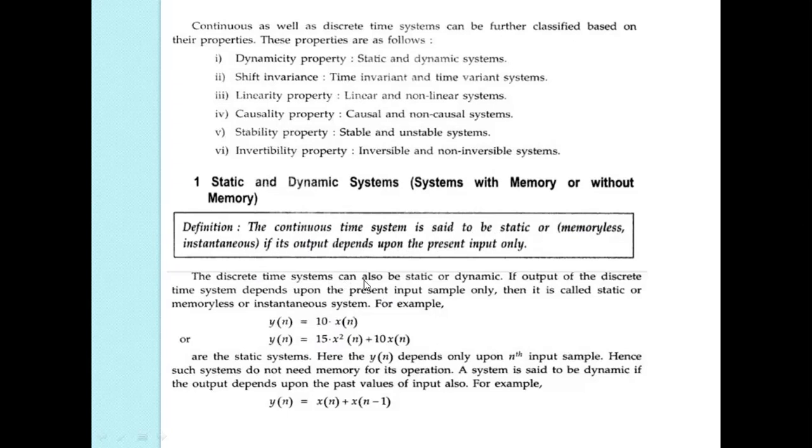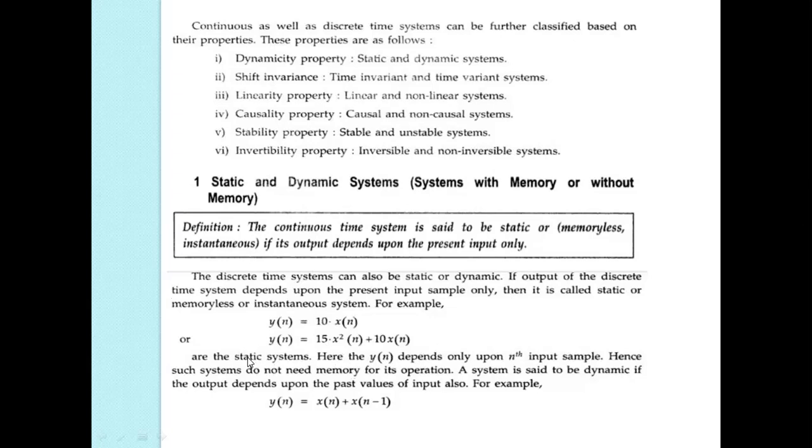A discrete time system can also be static or dynamic. If the output of the discrete time system depends upon the present input sample only, then it is called a static, memoryless, or instantaneous system.